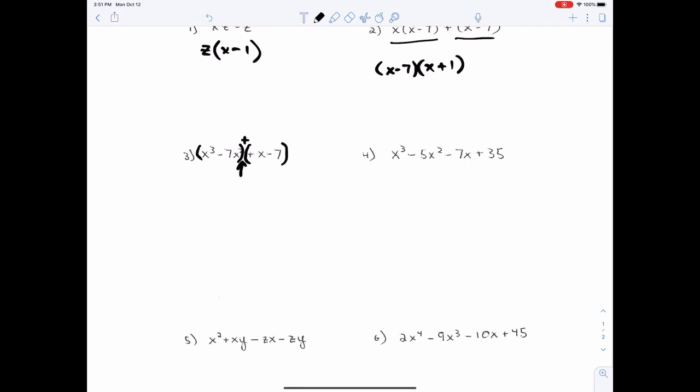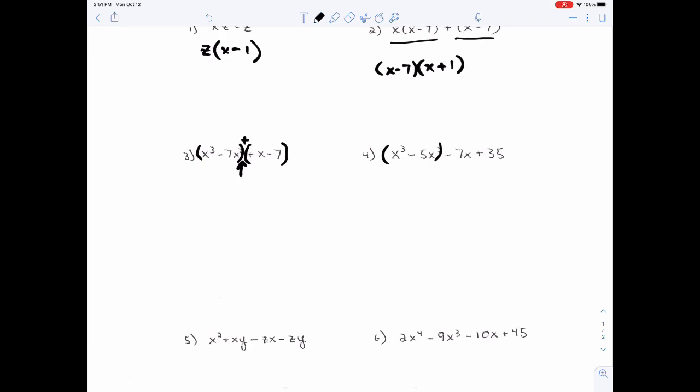At this point, people kind of start getting confused and they go, well, what difference does it make? I'll show you what difference it makes. We'll come back to number 3, but look at number 4. Let's say you do what most people do. Put parentheses around the first 2, parentheses around the last 2. You've just changed the problem. Because take a look at the original problem. The original problem is negative 7x plus 35.